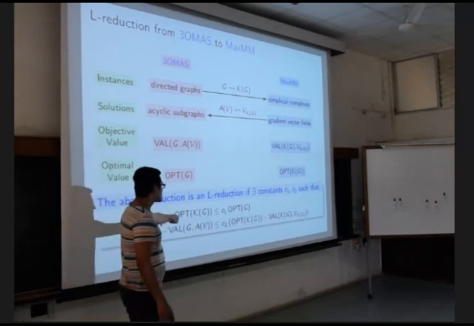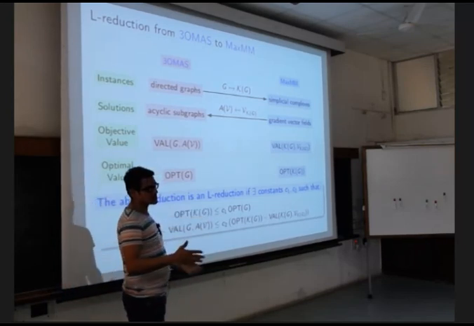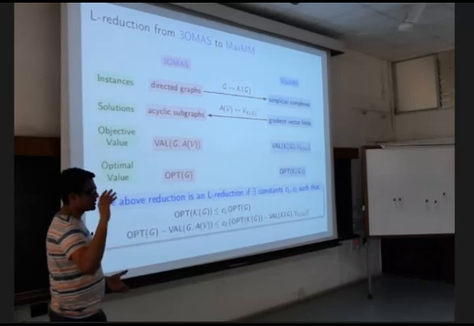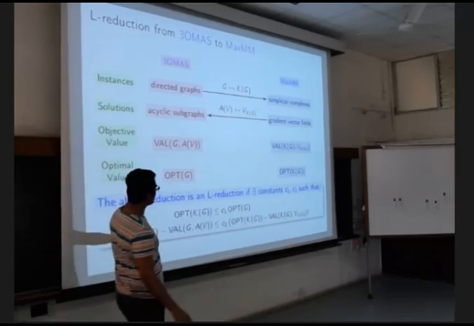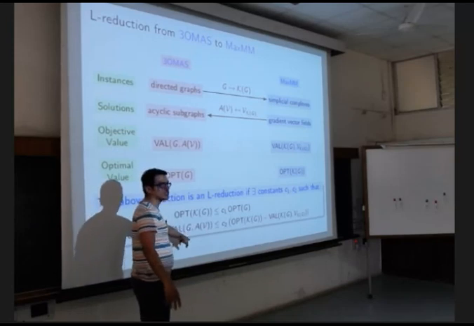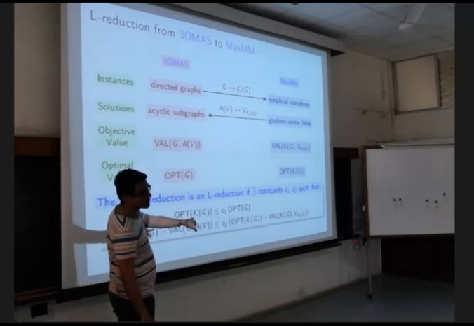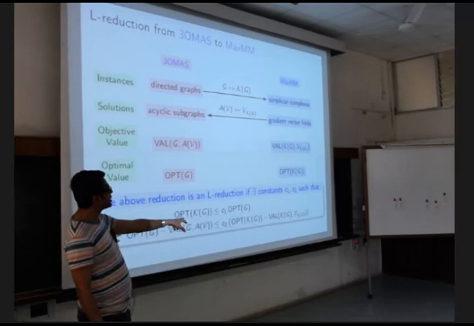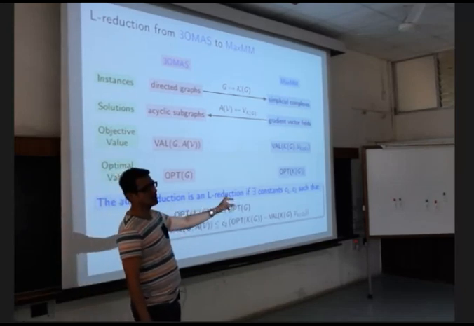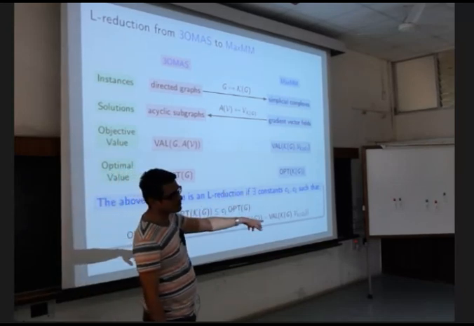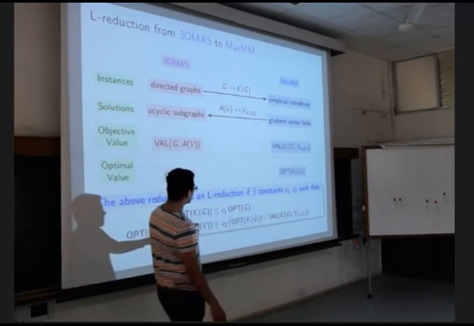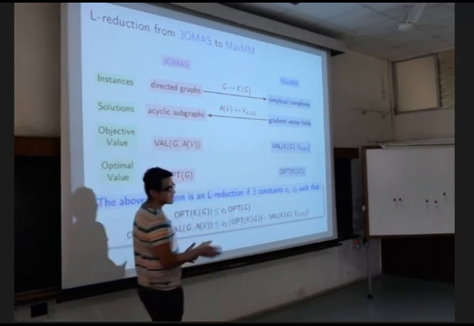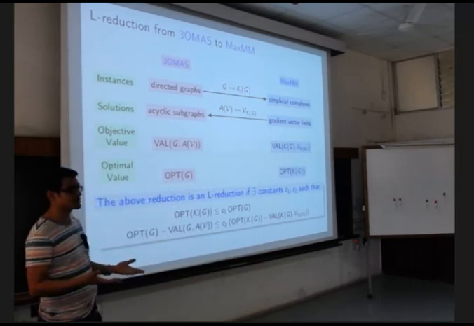One, the optimal is less than or equal to some constant times the optimal of the original problem, and the difference between optimal and the value of a solution is also proportional to the optimal minus the objective value of a solution for the other problem. So if they are related by two such constants C1 and C2, then such a reduction is an L-reduction.